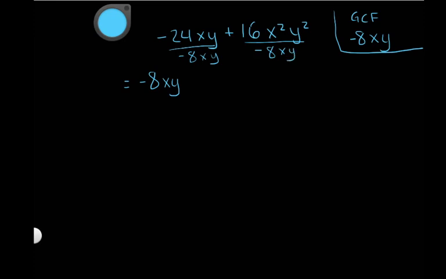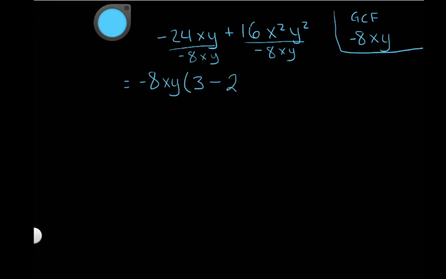Let's see what's left over. So negative 24 divided by negative 8. So 24 divided by 8 is 3, and those two negatives will cancel out, so I'm going to have 3. And then my xy's cancel out, so I'm just left with 3 there. Next term, 16 divided by negative 8, that's going to be a negative 2.